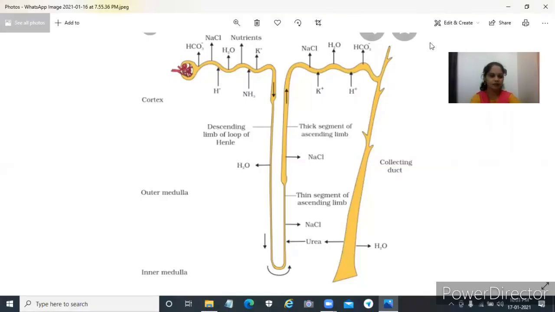Now the third step is tubular secretion or augmentation. This occurs in the DCT, the distal convoluted tubule. It is surrounded by the peritubular capillary network.